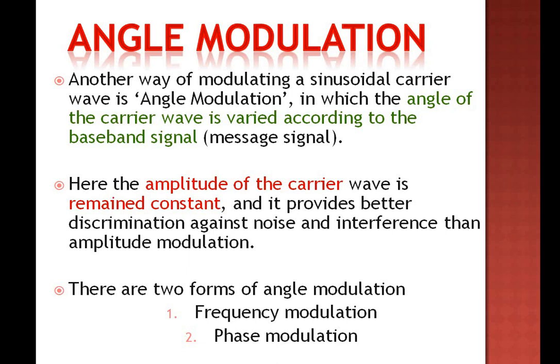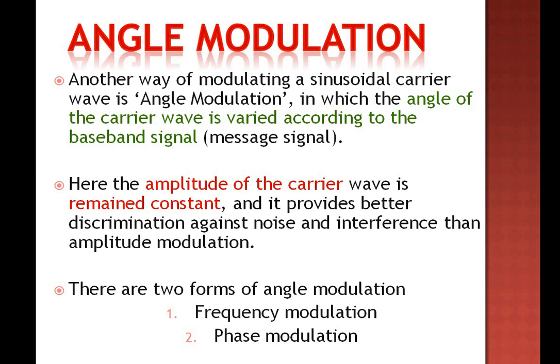What happens here is that the angle of the carrier is varied in accordance with your message signal, or baseband signal, or unmodulated signal. Then that kind of modulation is called angle modulation.